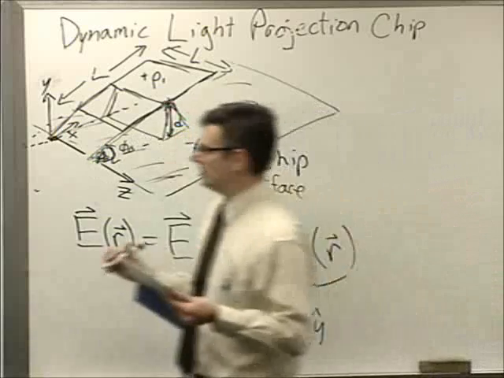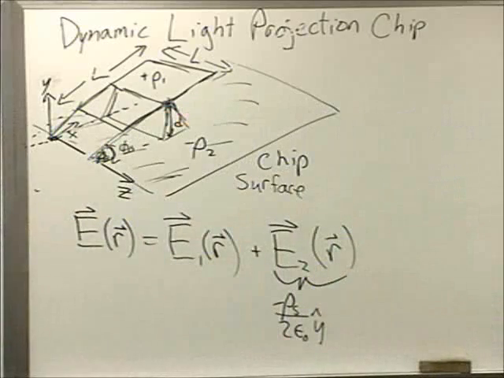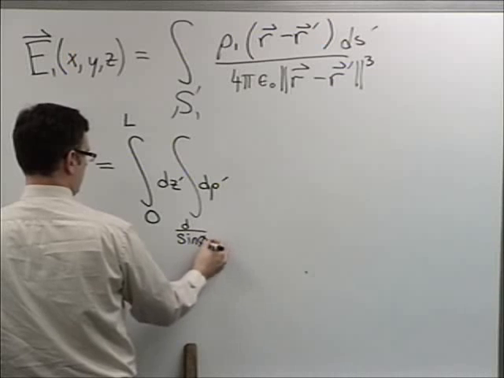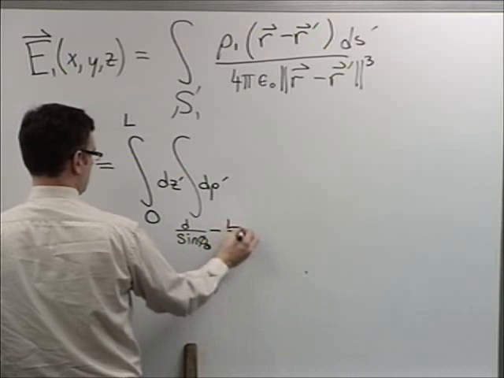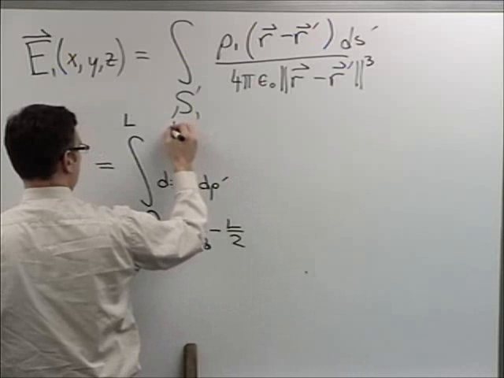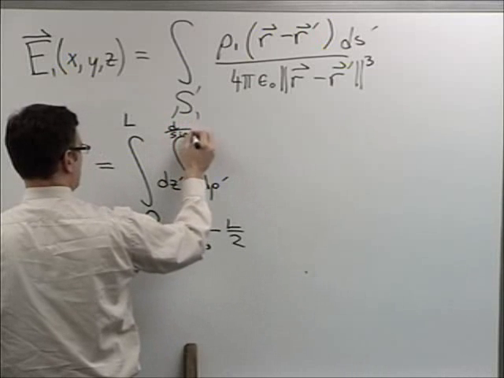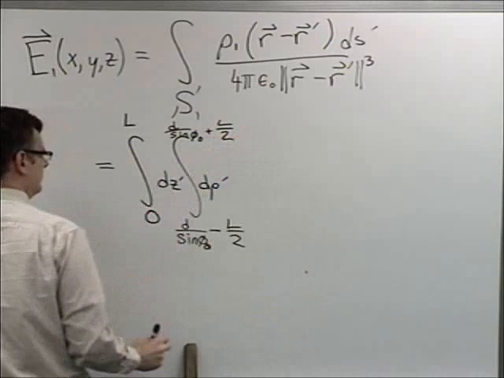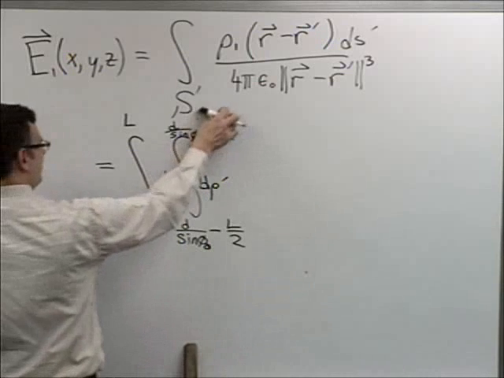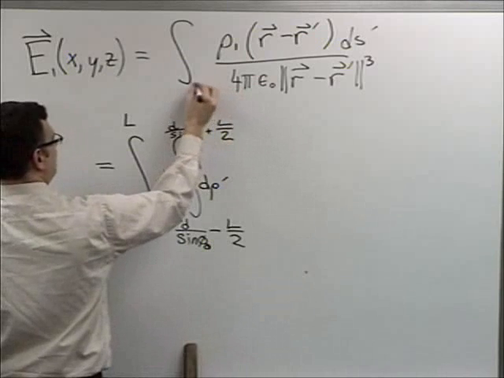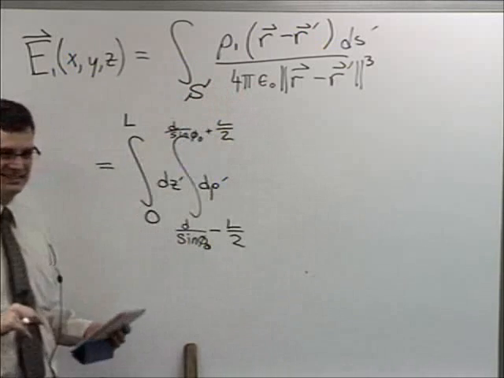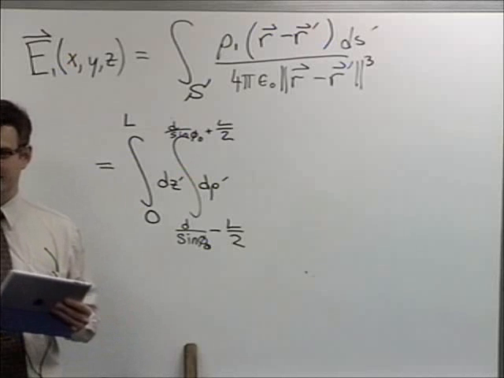So my actual limits are, when I go back to my integral, d divided by the sine of phi naught minus L over 2, d over the sine of phi naught plus L over 2. And while that may look complicated, it's actually quite simple because these are all constants. I'd much rather have to deal with constants than variables.